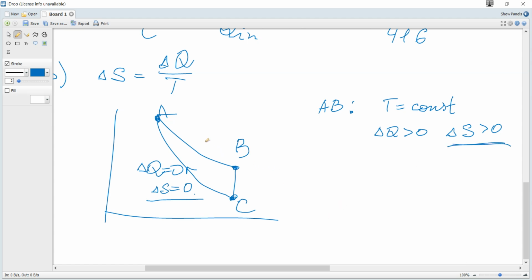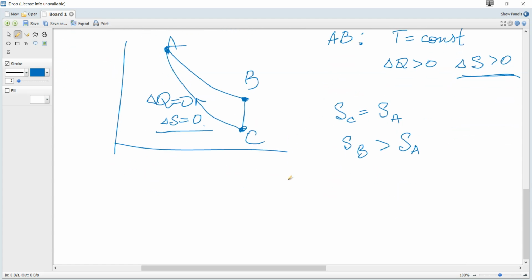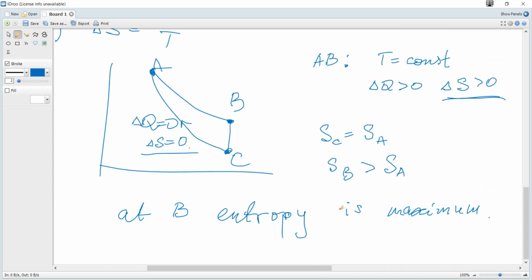So entropy at B will be larger than entropy at A. We conclude that entropy at C equals entropy at A, but entropy at B is greater than at A, and hence greater than at C. That's why at B entropy is maximum. And that's all for this question.